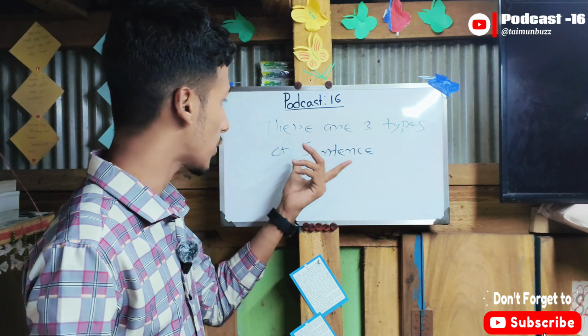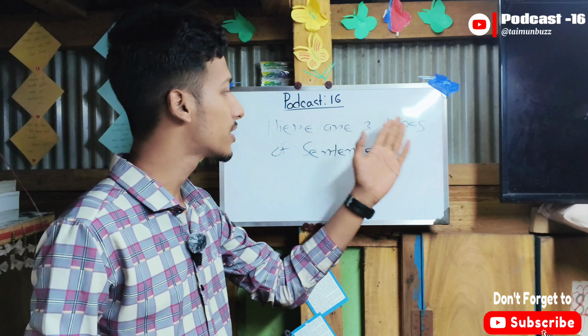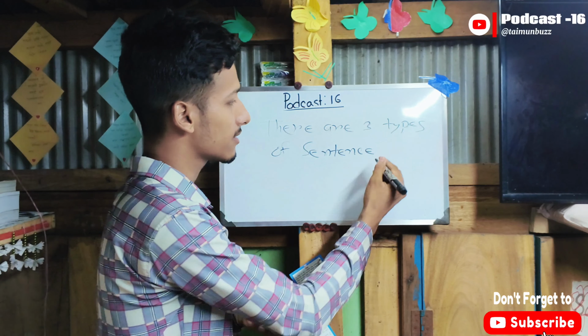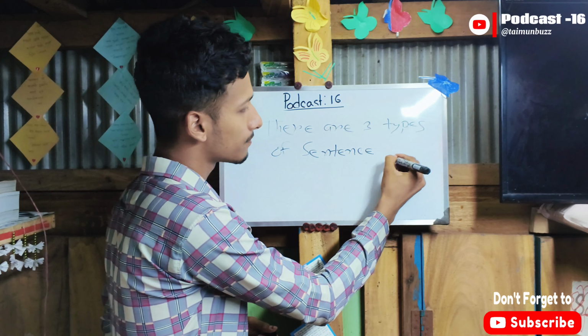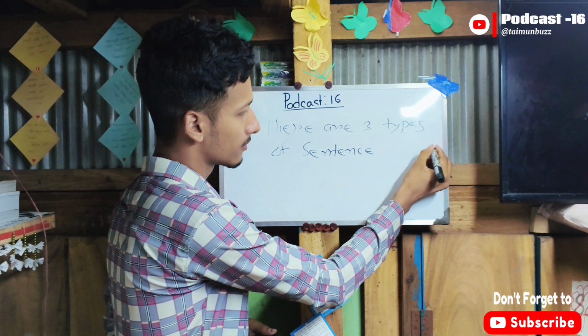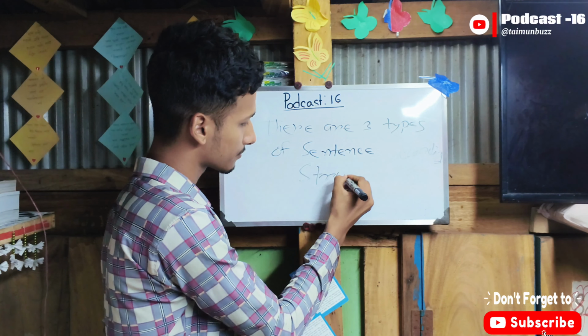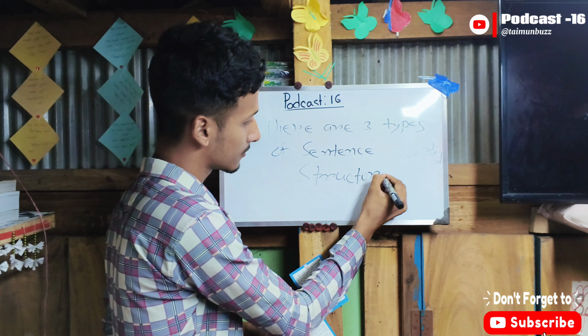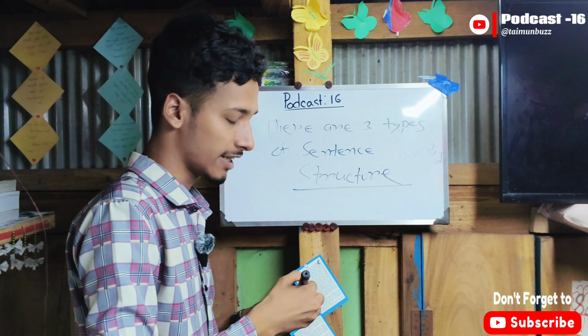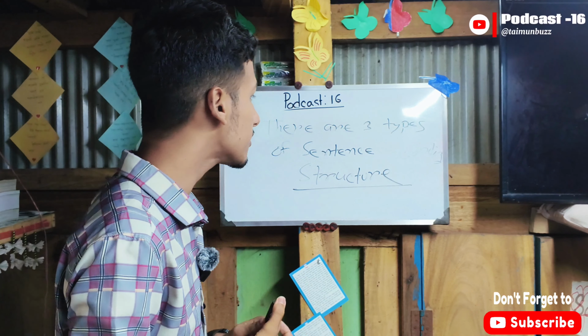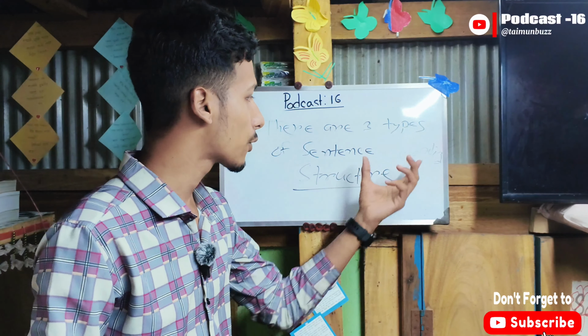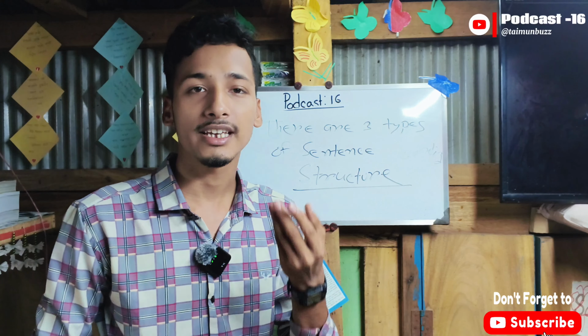So our topic today is there are three types of sentences, according to the structure. If anyone asks you how many sentences are available according to the structure, you have to say three.